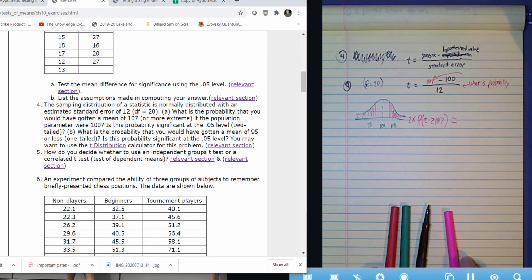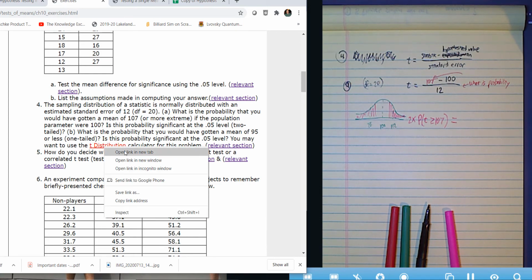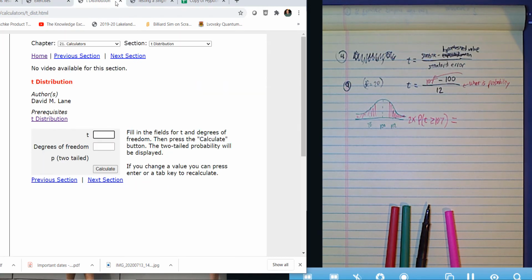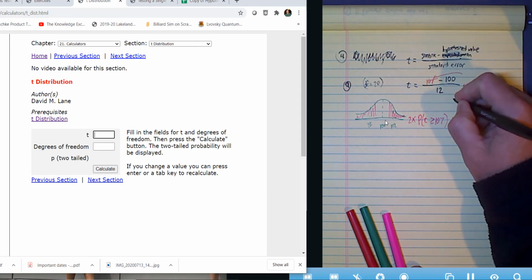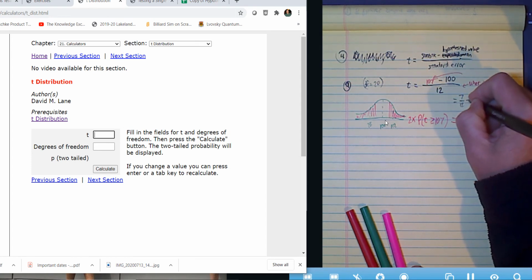And so we can use the t calculator for this, I suppose. It says you may want to use the t distribution calculator, so I'm going to go ahead and open that link in a new tab. And so I can plug in my t value, right? My t value, I guess I should use my calculator here to compute it. It's 107 minus 100. That's 7 over 12.